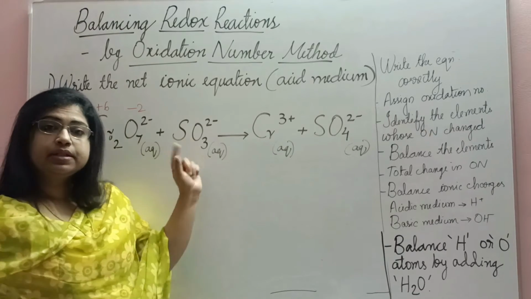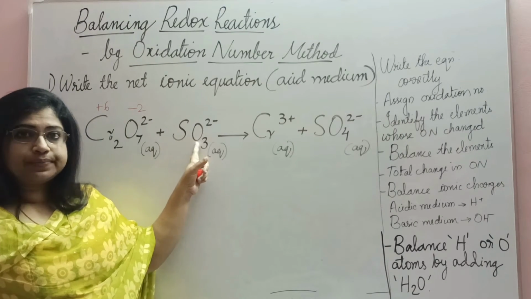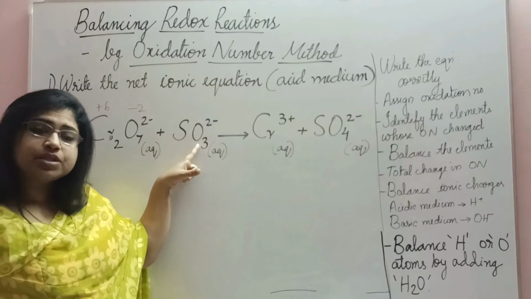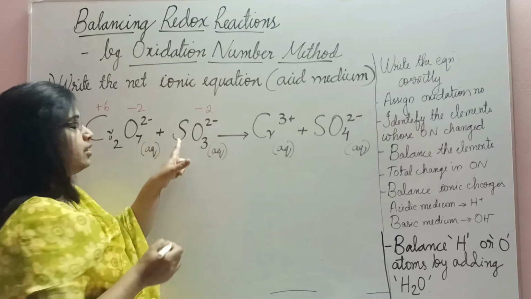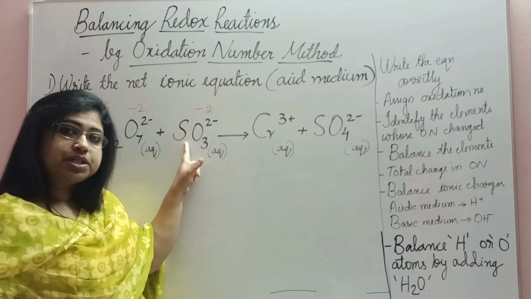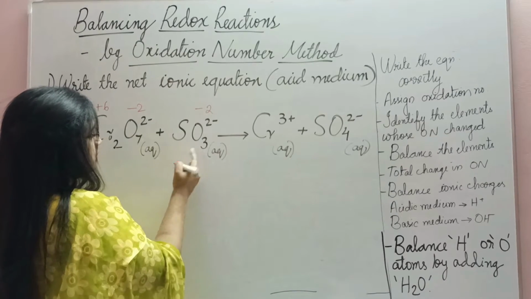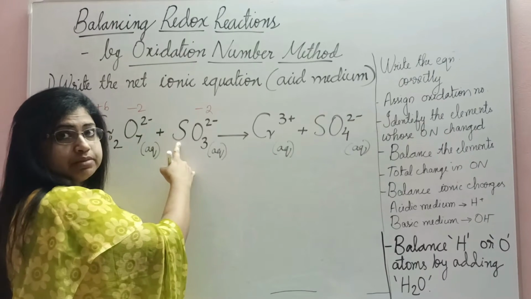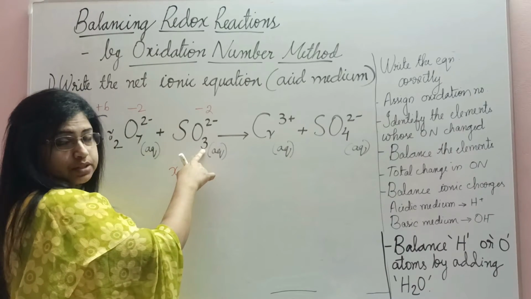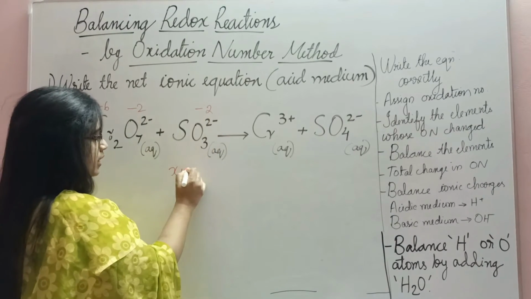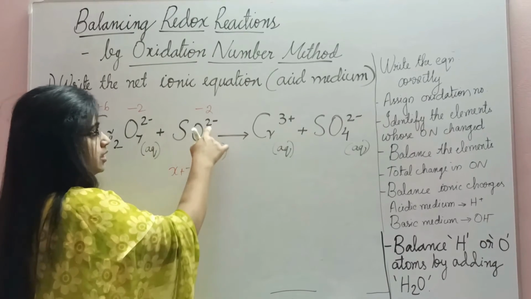Now let's find out the oxidation number of sulfur in the sulfite ion. As usual, the oxidation number of oxygen is -2. What will be the oxidation number of sulfur? Let's calculate. Let the oxidation number of sulfur be x. x plus 3 oxygen atoms, so 3 times -2 is -6, equal to -2, the charge of the ion.